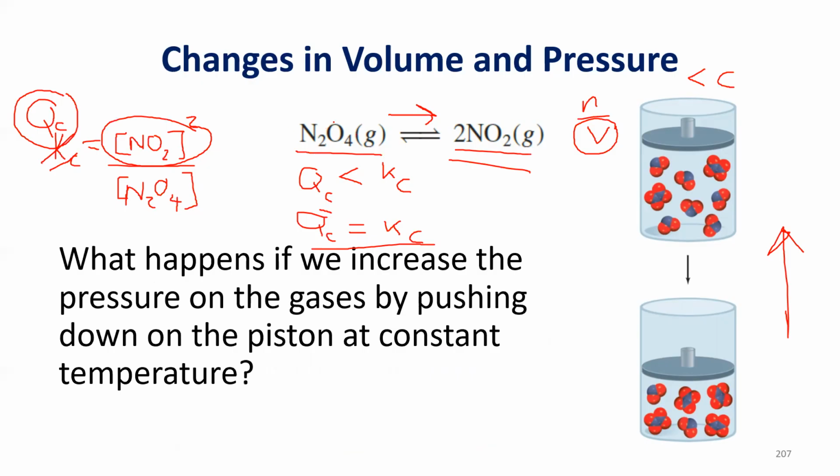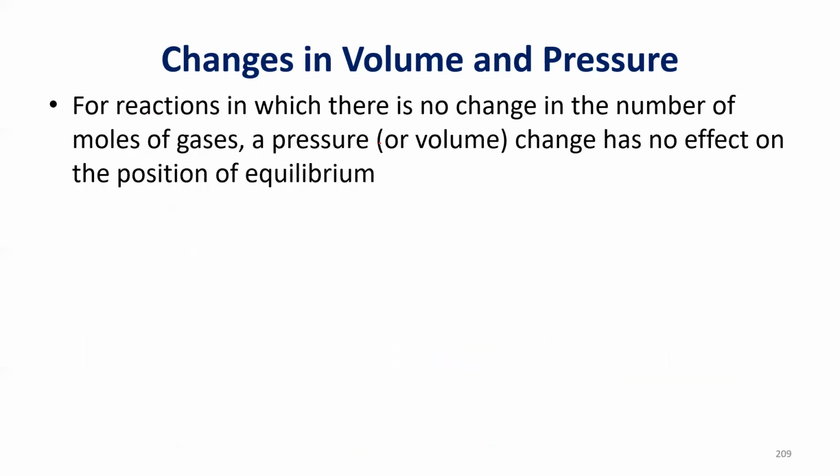But if you have an equal number of moles, meaning there's no change in moles of gases from reactants to products, any changes in pressure or volume will not have an effect on the position of equilibrium.